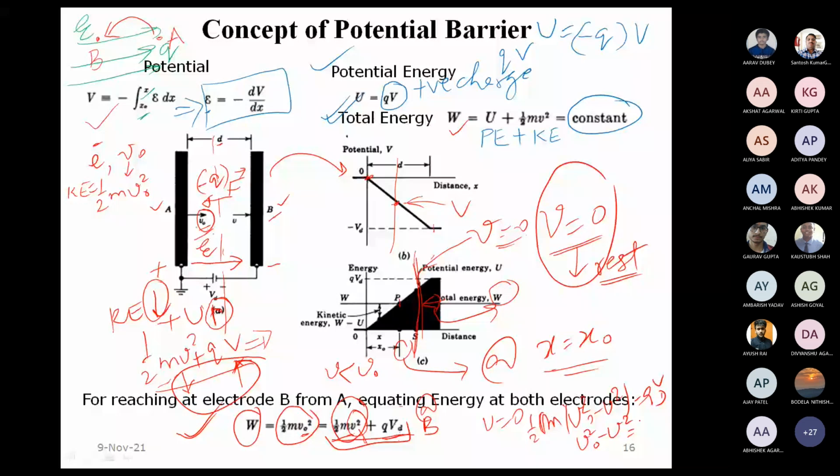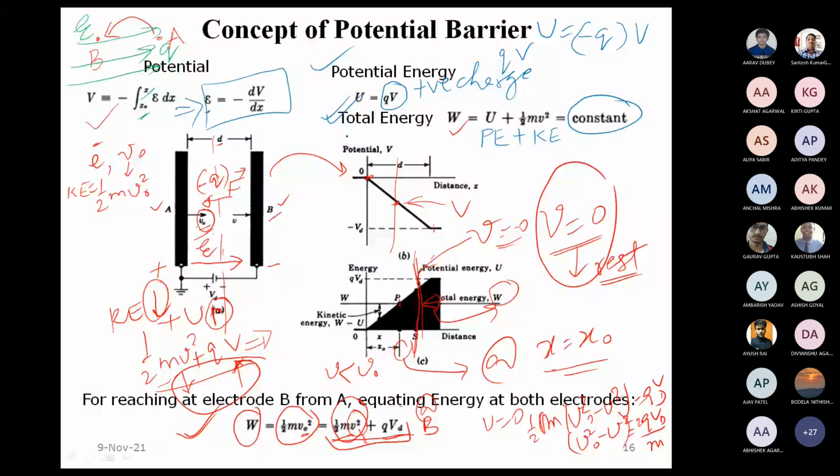If this quantity on the right hand side is positive, then we will say that the particle will reach plate B. If this quantity on the left side is negative, on the other hand, then this particle will not reach plate B, but it will be seen coming back to plate A.